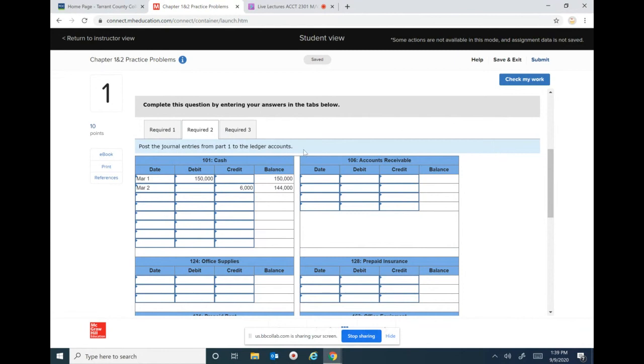In this case, the T account has a left-hand side and a right-hand side. We always have to show where the transaction came from. This T account happens to have a running balance. When all is said and done, we hope the normal balance to be on the debit side, because cash is an asset account.